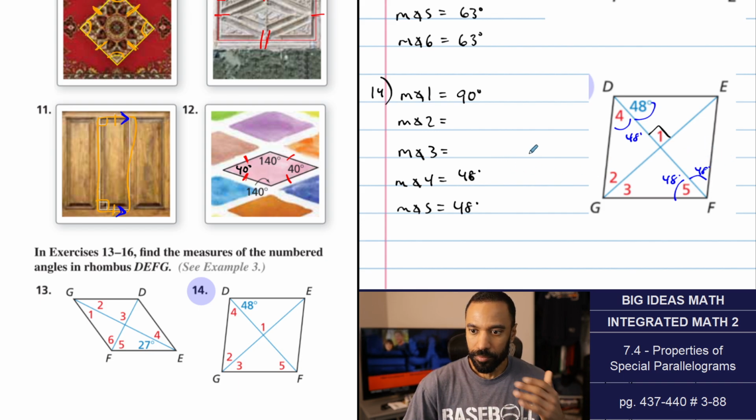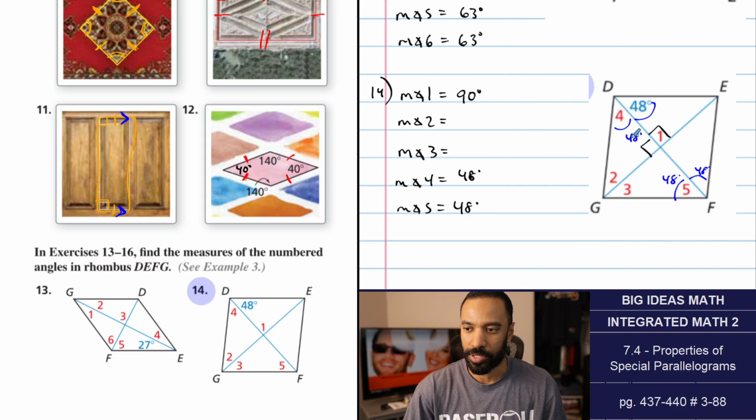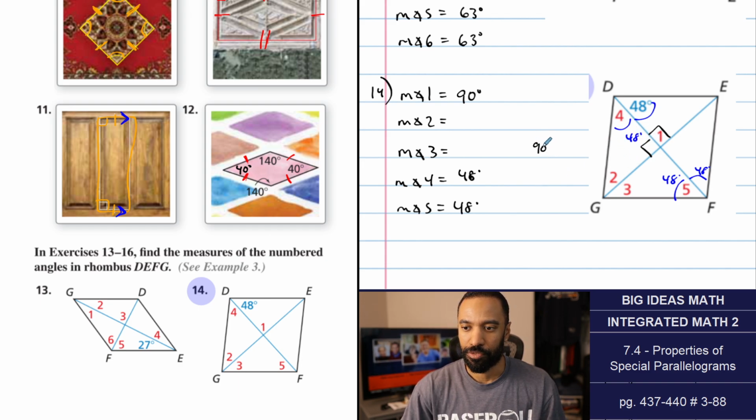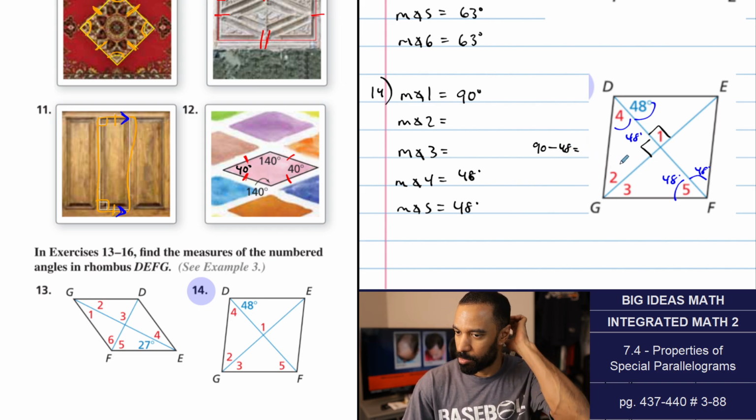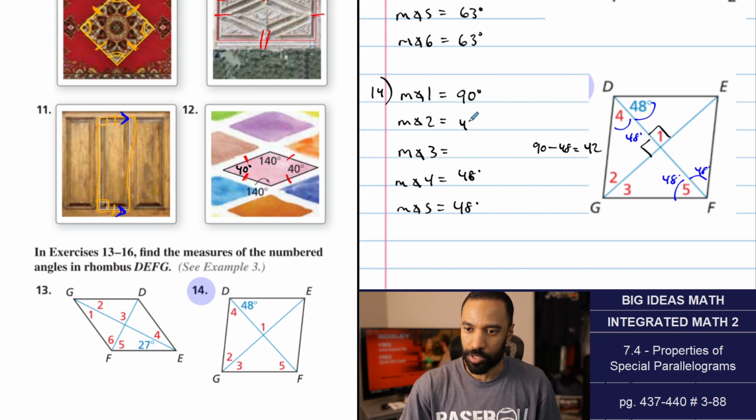Like that. 2 and 3 will be the same thing. It's a lot like the previous problem. This being 90 degrees, all these are 90 degrees like that. These add to 180, or these two just add to 90. 90 minus 48 is going to give you angles 2 and 3, because they're going to be the same then. So 90 minus 48 is 42. So 42 degrees for each of these. Quite a bit like the previous problem there.